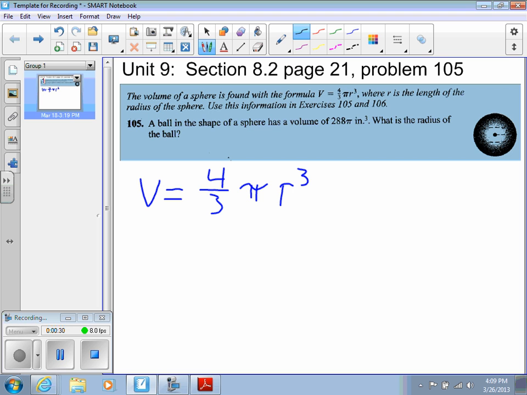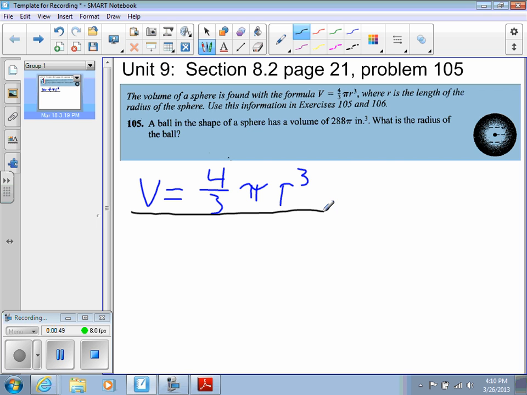And that formula is reproduced right here. It is volume, or V, equals 4 over 3 times pi times r cubed. So let's go ahead and plug this volume that they gave us into this formula.